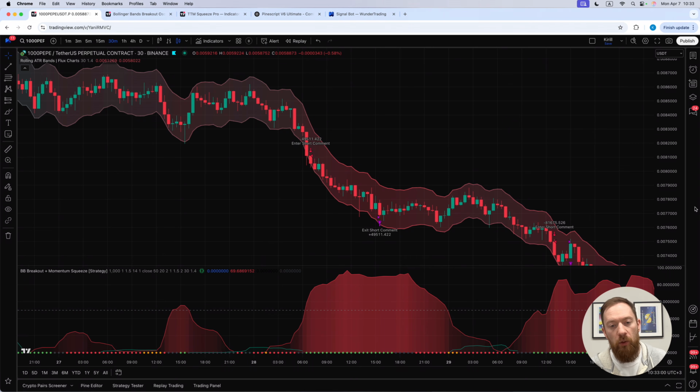Okay, let us now look into the short entry example. It's very similar. The first thing you need to do is to see where this red line, or the bear power, is crossing the threshold of 50. At the same time, we have the green dot on the momentum indicator.